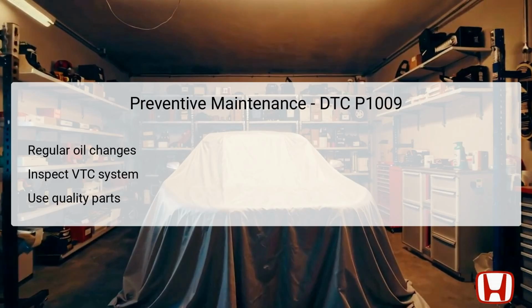Additionally, periodic inspections of the VTC system, including the actuator and solenoid, can identify potential issues before they escalate to a DTC. Using quality parts during any replacements or repairs will also significantly improve the reliability of the VTC system.